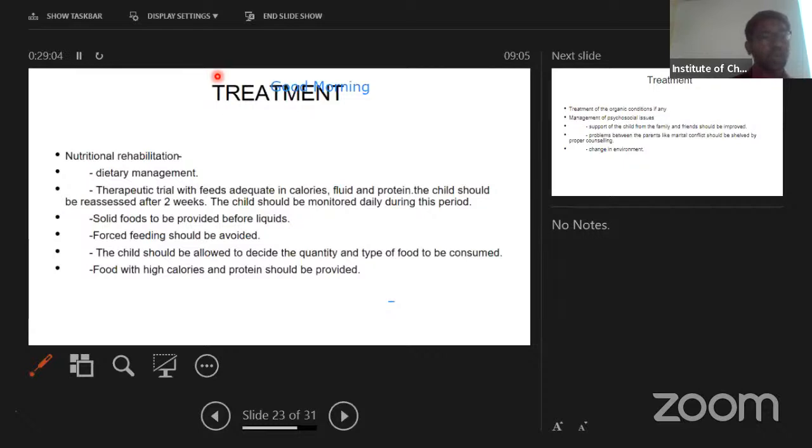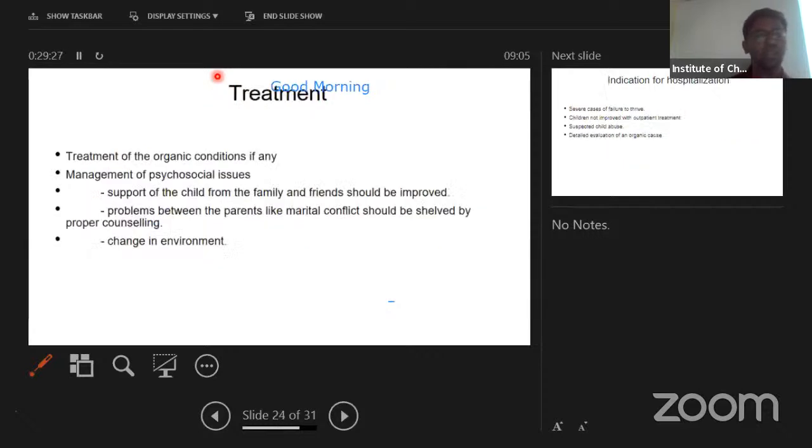The child should be reassessed after 2 months. Solid food to be given before giving liquid food. The child should be allowed to decide which food he or she wants, and food with high calories and protein should be provided.